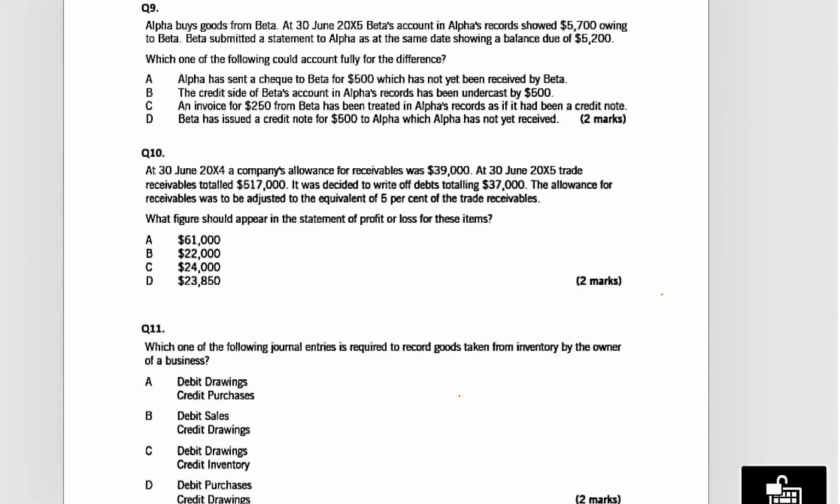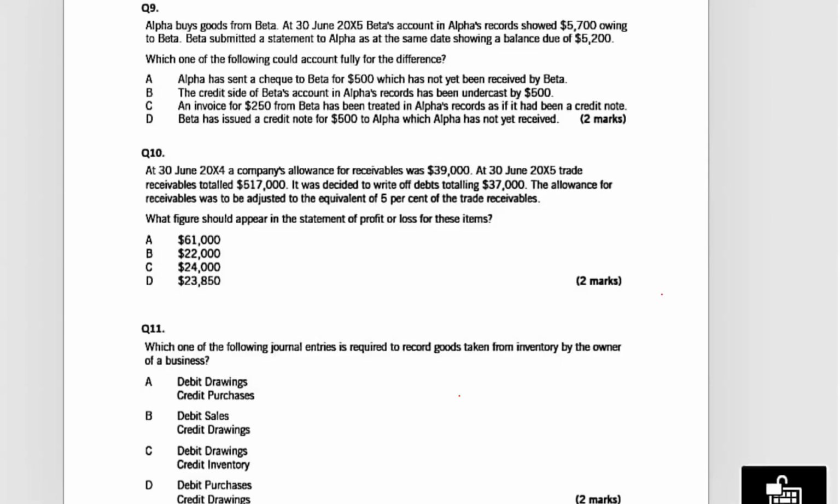That Alpha, who is owing the goods, has sent a check to the bank, and this check has not yet been received by Beta. Beta hasn't yet received the check.